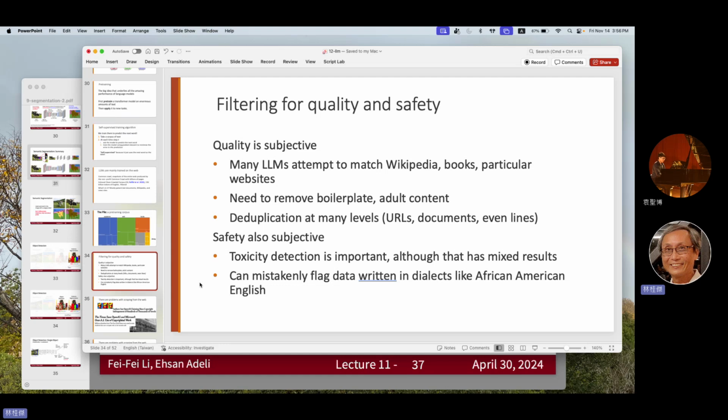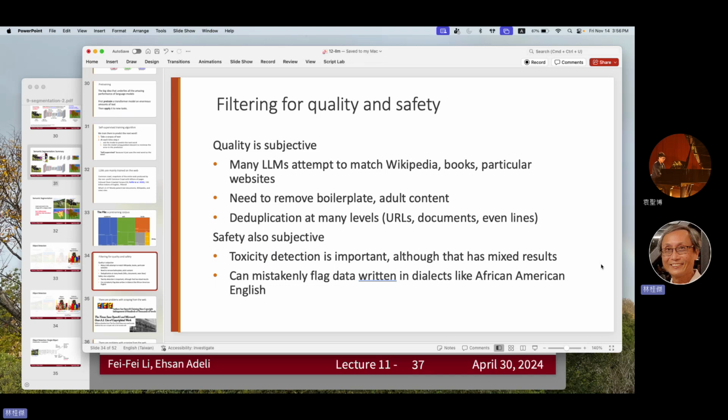Sometimes some information, even though it is correct, shouldn't be included, because sometimes it has some really bad information in there. For example, you have instructions for people to do wrong things, and you want the large language model to avoid that.